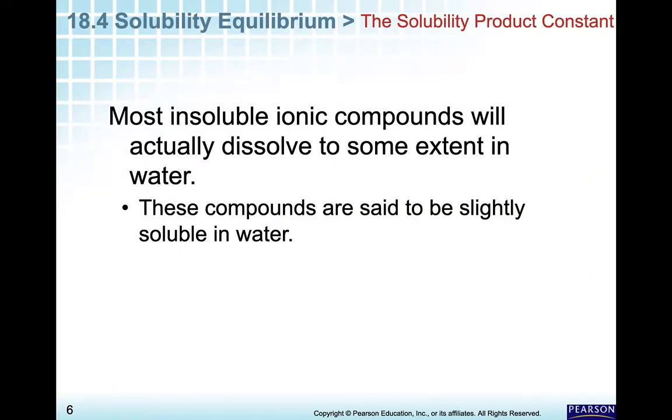Most of our insoluble compounds will actually dissolve a little bit. So these are said to be slightly soluble. If you think about any chemical reaction, things want to react. The universe wants to have chaos. Atoms want to move and react. So even if something is generally considered insoluble, might one or two of the numerous atoms break off and dissolve?